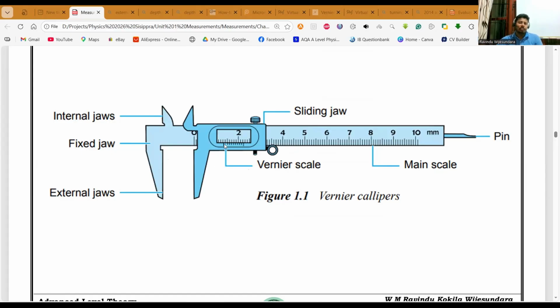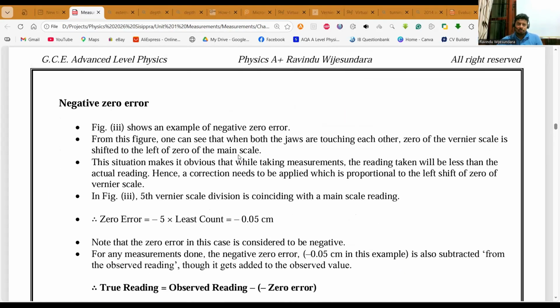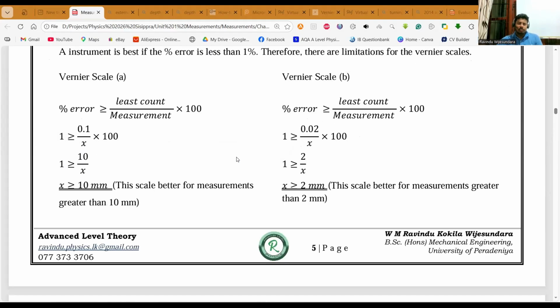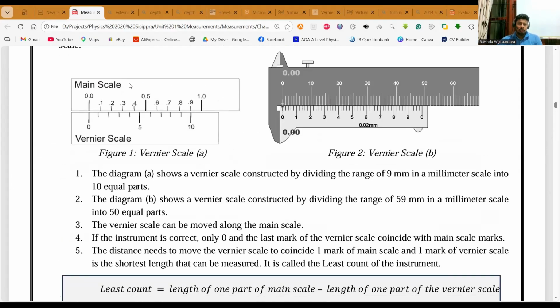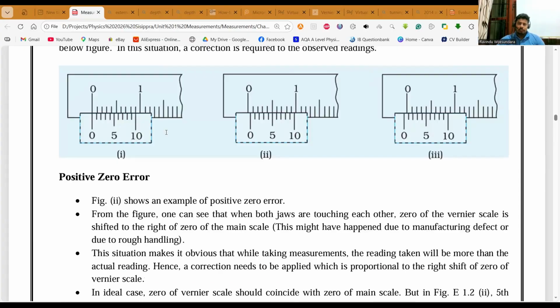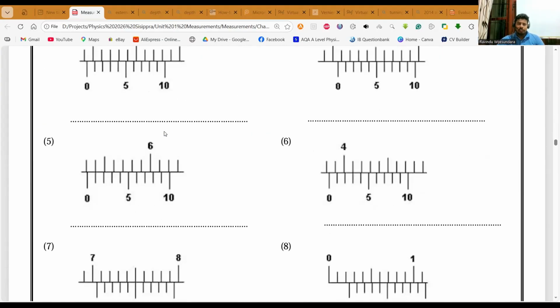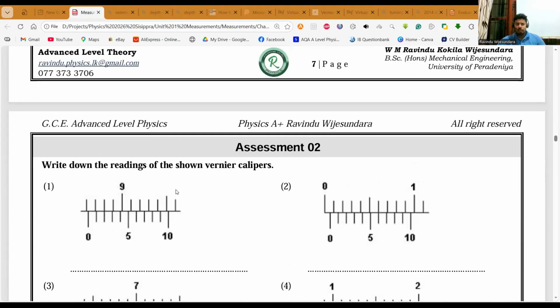Here you can see only 10 divisions, which usually means 9 main scale divisions are divided into 10. This is the basic school vernier caliper that we have. Therefore, always take the least count as 0.1 millimeters.